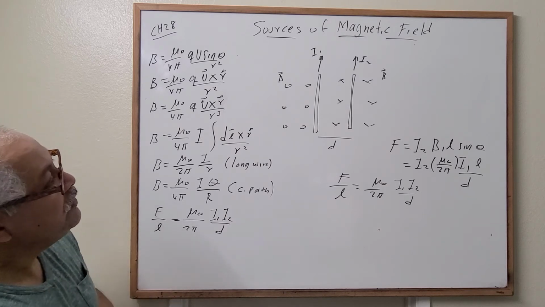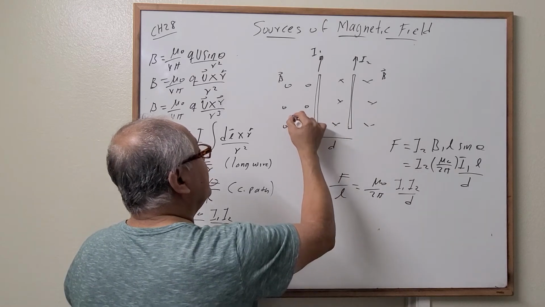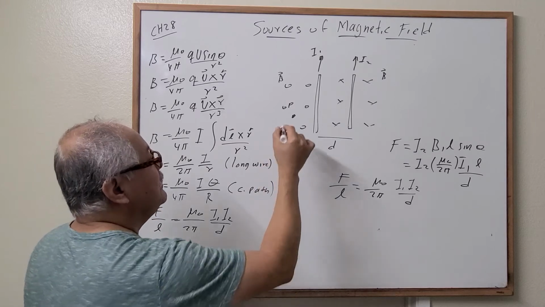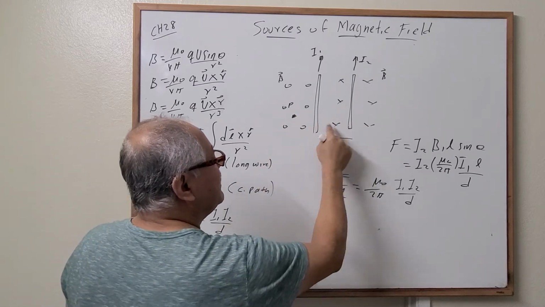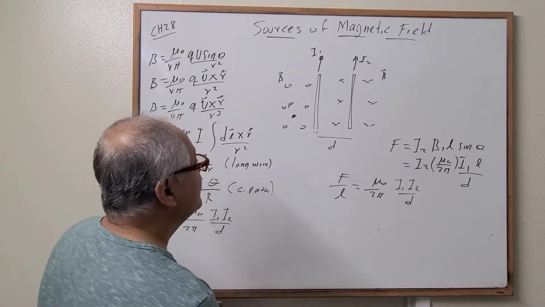Now imagine that we're looking for the magnetic field, let's say right here at this point. How can we find that magnetic field? Well, it's going to be the sum of the magnetic field produced by these two conductors.